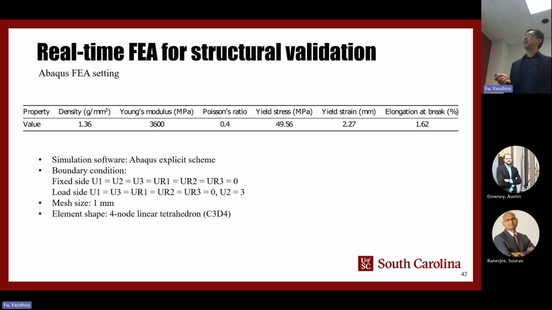We use the explicit scheme, and the boundary condition is one end fixed and one end applying a fixed loading displacement. The mesh size is 1 millimeter, and the element shape is the 4-node linear tetrahedron C3D4.